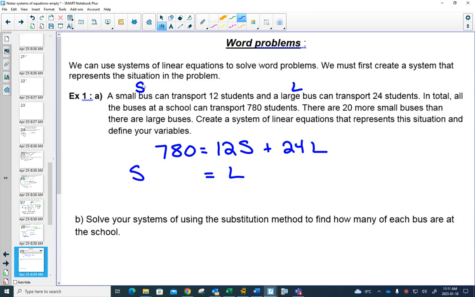It would be L plus 20 equals S, because you have more small buses than large buses. There's 20 more small buses. So technically, in these questions, I would say the math is easy, but the English and reading is sometimes hard.